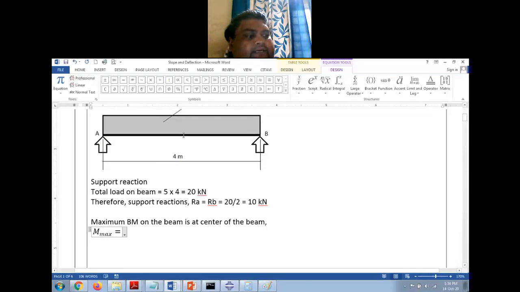So at the center, the bending moment is, let us take this side, it is RA into L by 2.